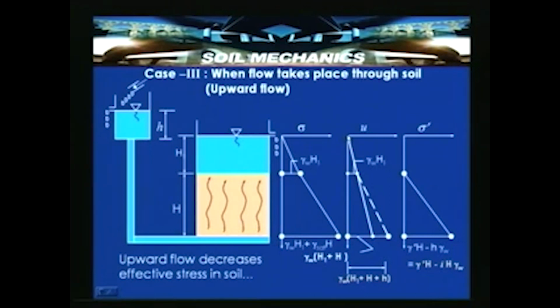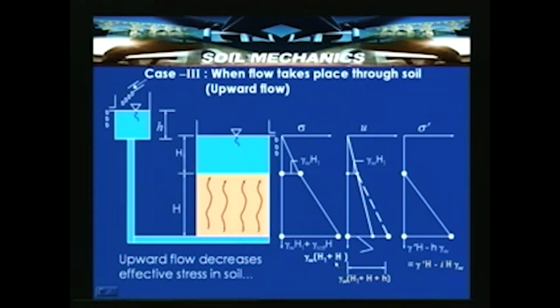At this point it is 0 and at this point it is gamma w h1, which is the same as this. When the flow is not taking place, we have said that gamma w into h1 plus h is the pore water pressure. But here, because of this difference in head, the flow takes place in the vertical direction.